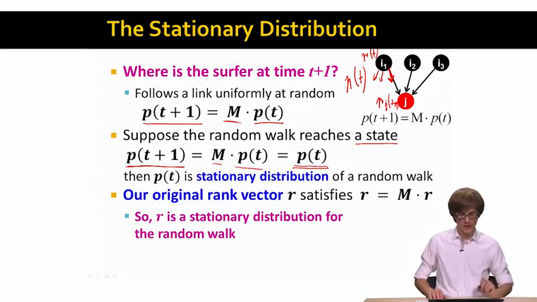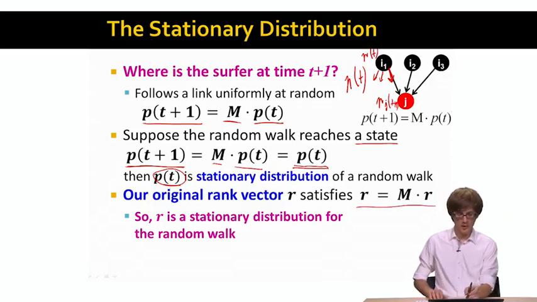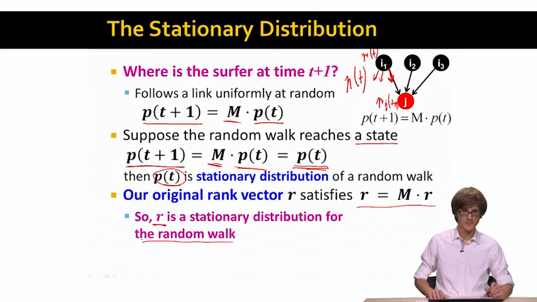So what we observe now is that this stationary probability distribution p of t is exactly our original formulation of a random walk. Before we had r equals M times r, now we have p of t equals M times p of t, right? So this means that our rank vector r is a stationary distribution for this random walk process.